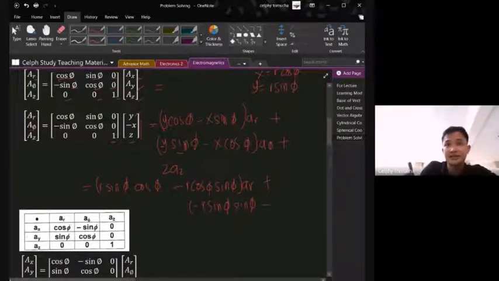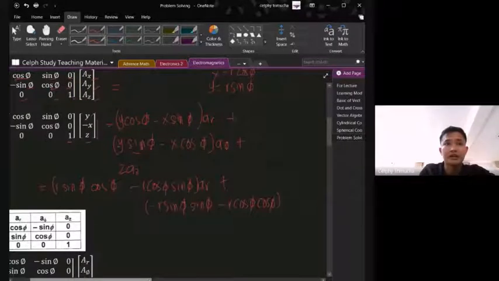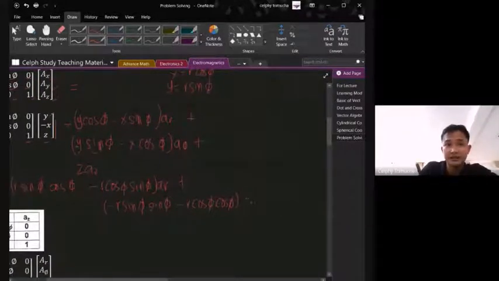So x naton is r cosine, so substitutean pa naton r cosine phi, cosine phi. So this is ang iyang unit vector is a phi, so plus z az.